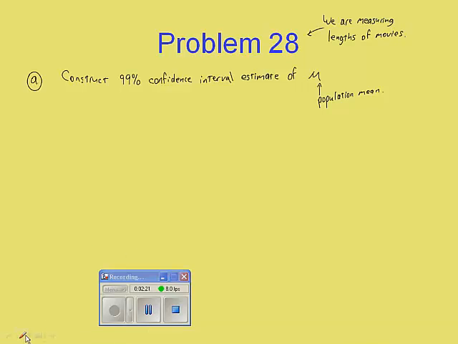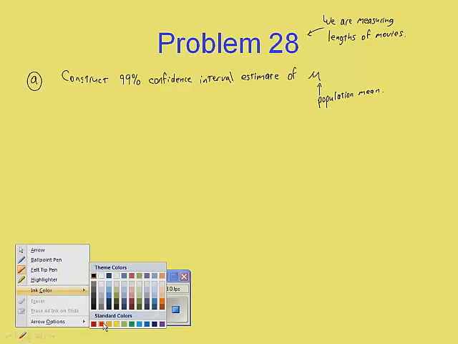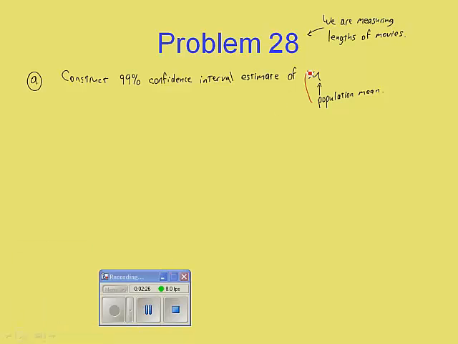I know it says we're trying to find mu, the population mean. What is that in this example? It is the average length of a movie. Of all movies, where? In the population.